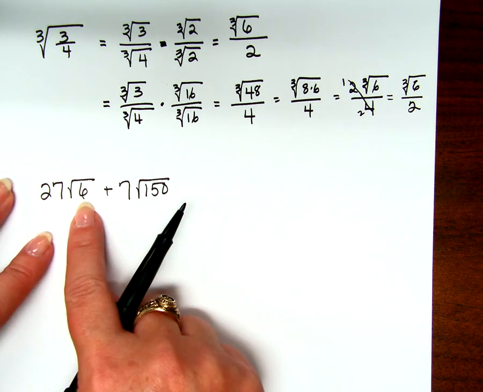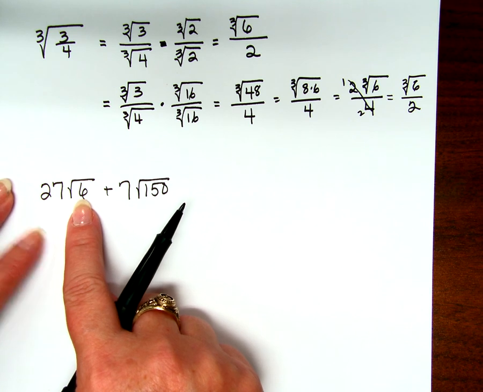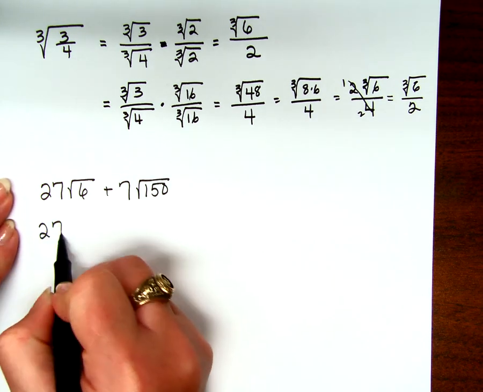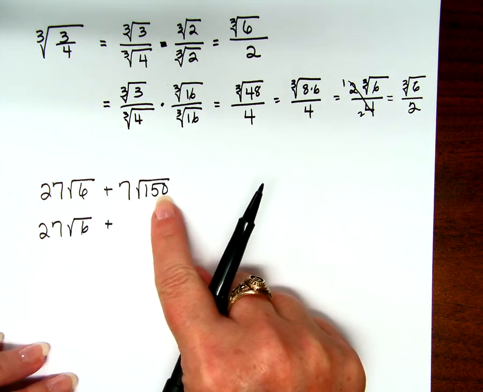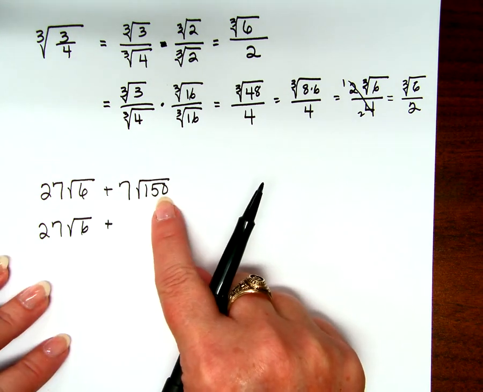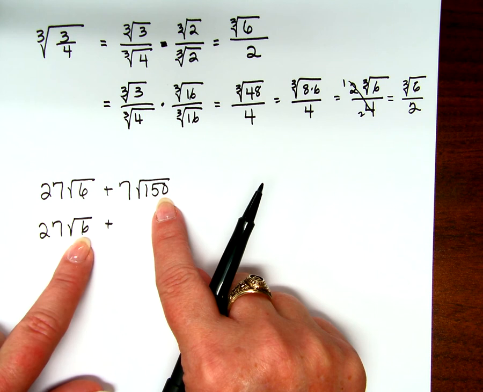Can you simplify the square root of 6? Does it have any factors that you know the square root of? It does not. So I know that's going to stay the same. If I want to do anything with this one, what radical does this have to be? Doesn't it have to be the square root of 6? Don't they have to match?